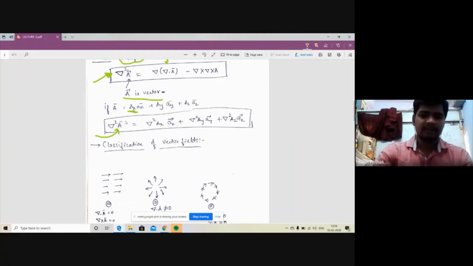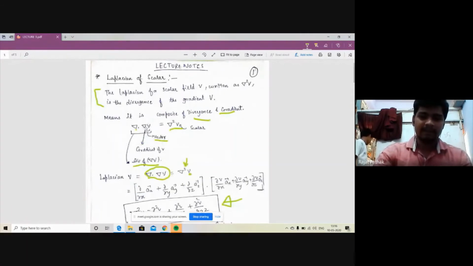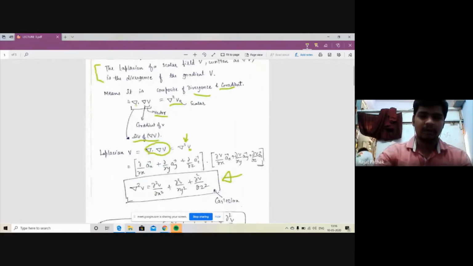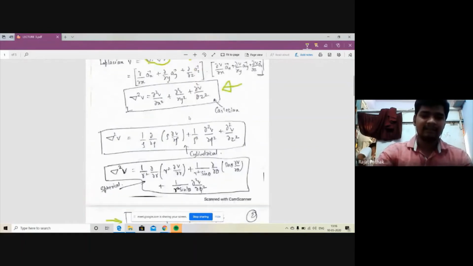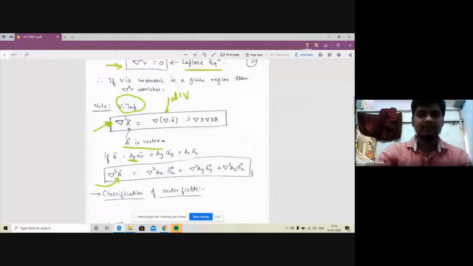So it is the Laplacian of a vector. Up to now, we have studied the definition of Laplacian, the mathematical expression, and how to analyze the Laplacian on a vector as well as a scalar in all coordinate systems: Cartesian, cylindrical, and spherical.